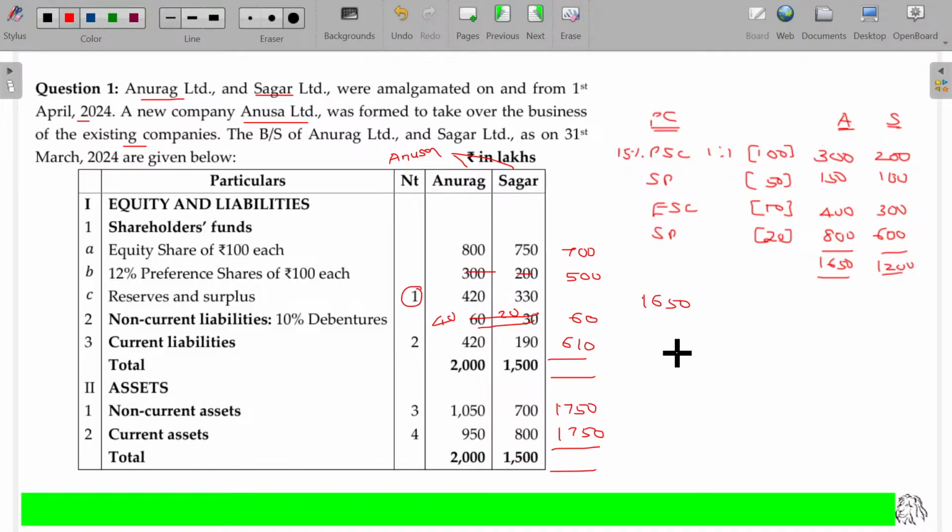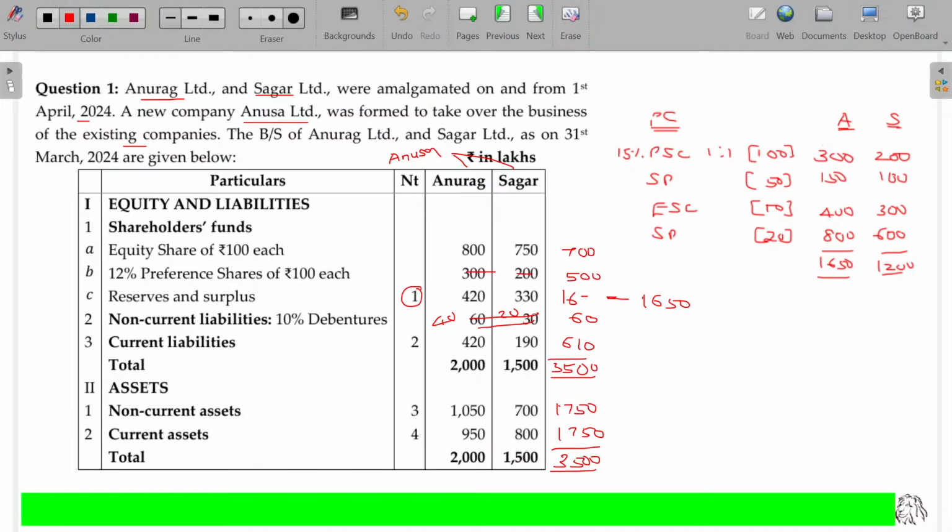Which side is higher? Asset side how much? 3,500. How much shortage is there? You have to include 1650 also here. After including 1650, what is the shortage? Only 20. Then it should be 1670.